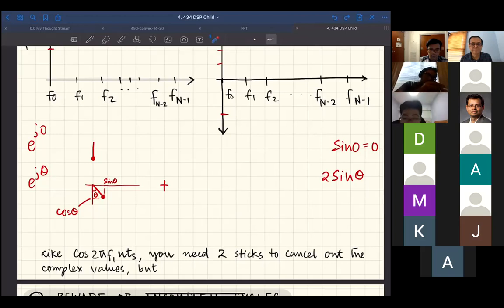If you just add the other side of it like we did previously for cosine. So you add the other side of it, which is like this, and then divide by 2. Correct. Then where should the stick start in this case? This is the second step.